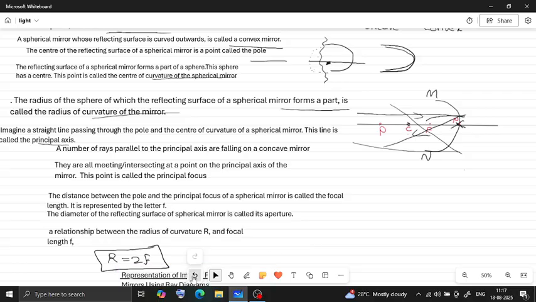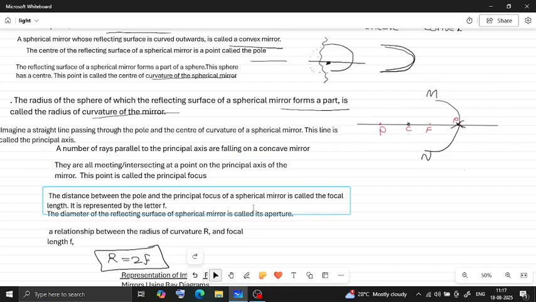Clear? Okay, next we can move on. The distance between the focus and the pole is called the focal length.